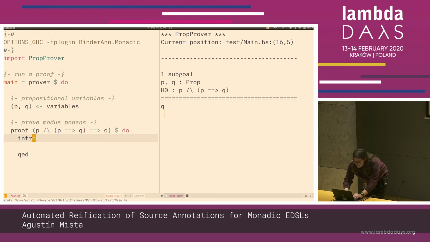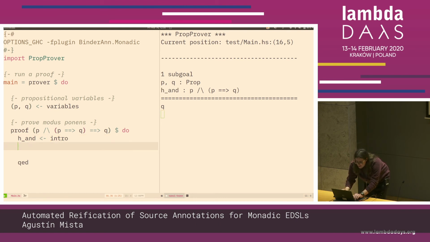What I can do is to obtain a hypothesis for Q by applying the hypothesis for P to the hypothesis for P implies Q. And with this hypothesis, we can just say, okay, my goal is exactly this hypothesis. And the thing is proven.